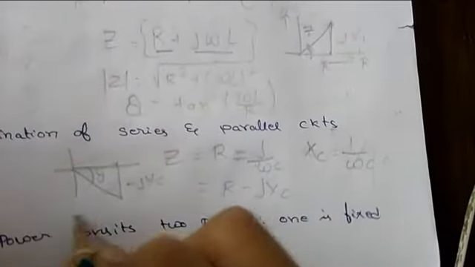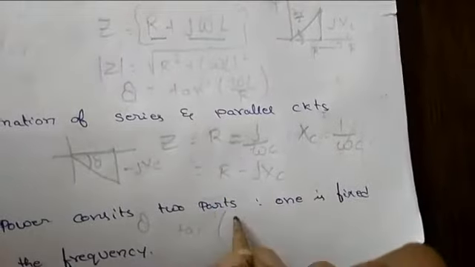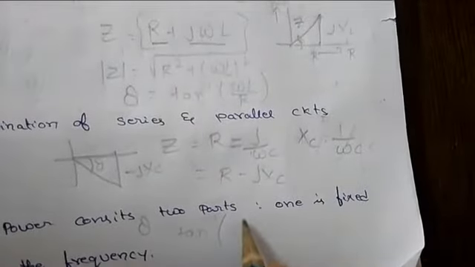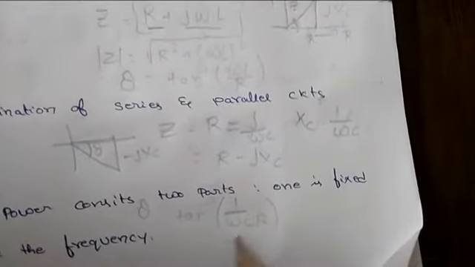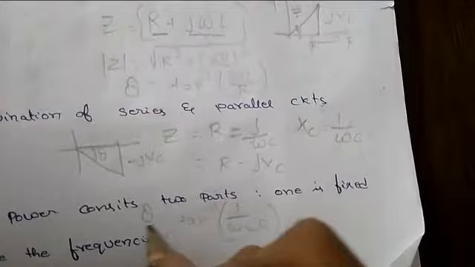So theta equals tan inverse of 1 by omega C R, and this represents your theta.